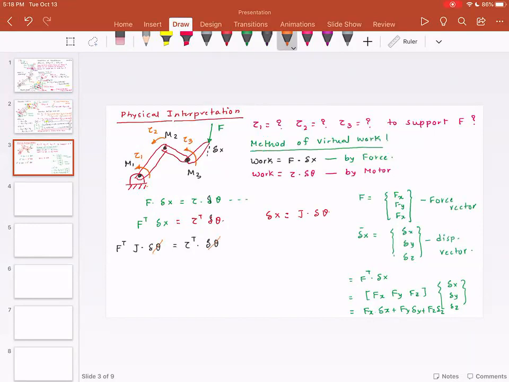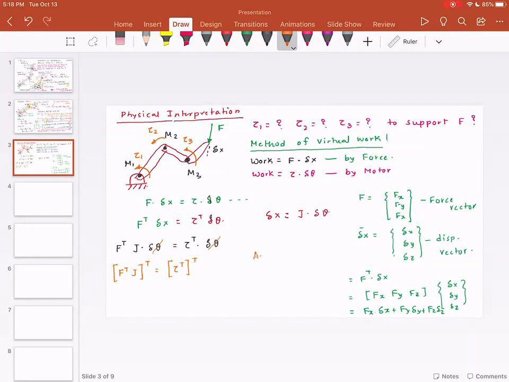Now please note, I want this to be in a slightly nicer format. So what I'm going to do is take the transpose on both sides. So I will have F transpose J, I will take the transpose of the whole thing. Tau transpose, I will take the transpose of the matrix. So I'm taking the transpose on both sides.